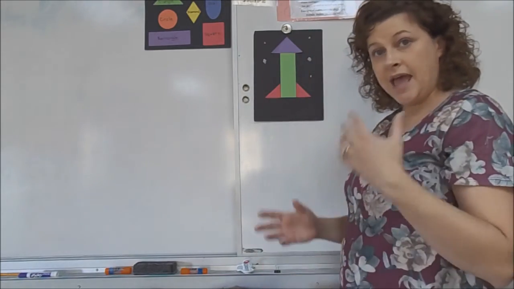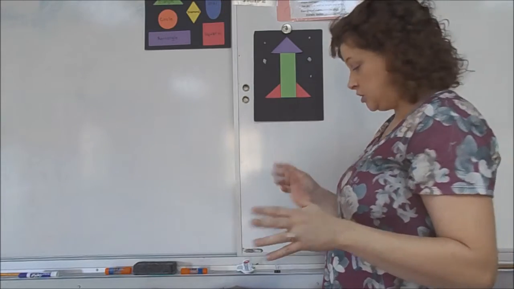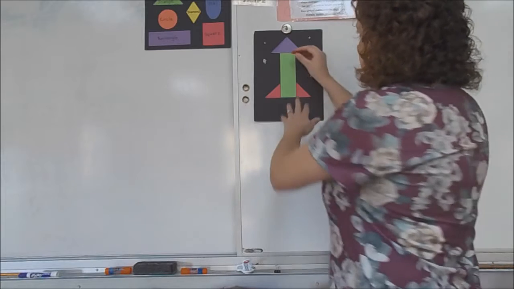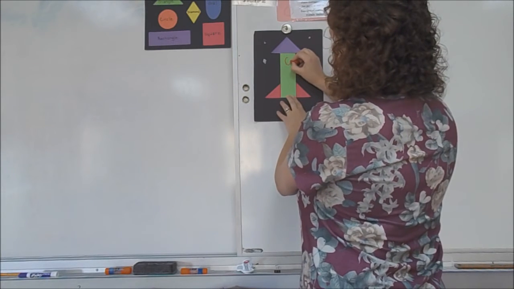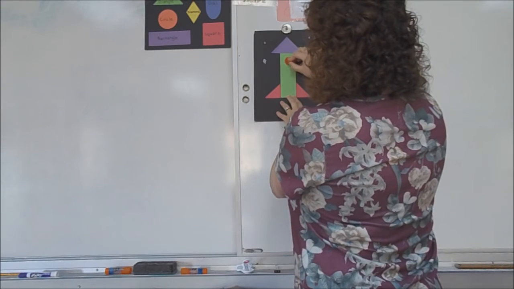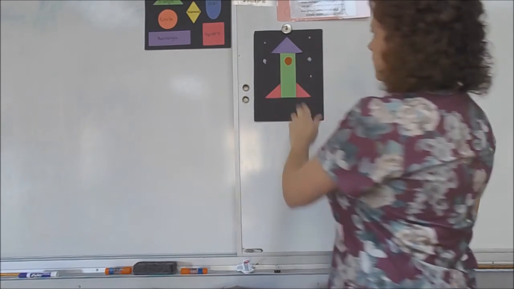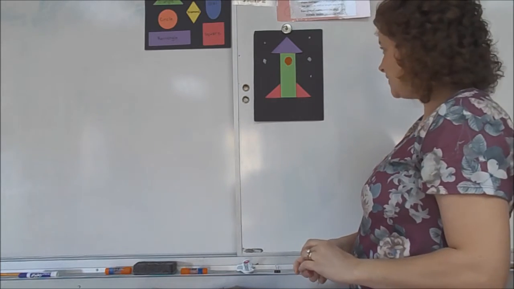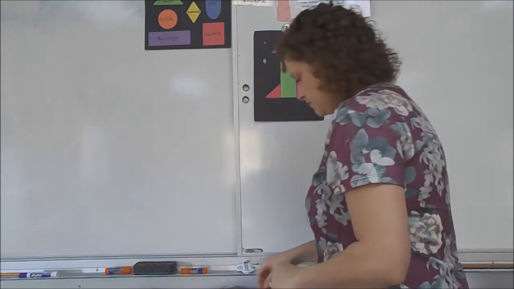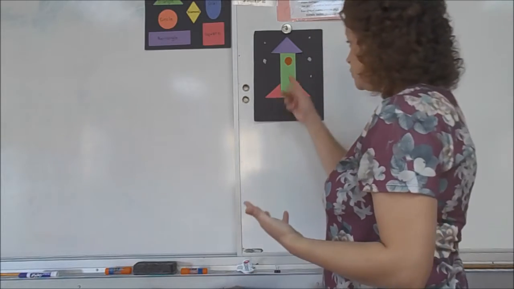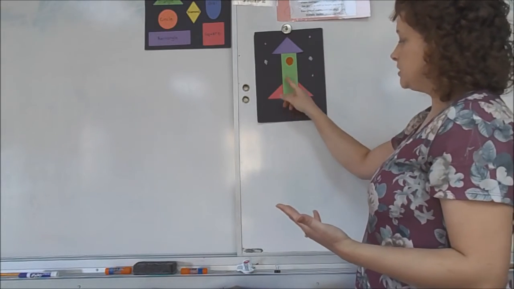You also need to add some detail to your rocket ship. So we're going to need a window, and that can be any color you want. I'm going to use orange, and I'm going to use a circle. So that your astronauts can see out into space. They have an observation window there. Now if you want to add other details to your rocket ship, you can. You can put stripes on here. You could color sections.